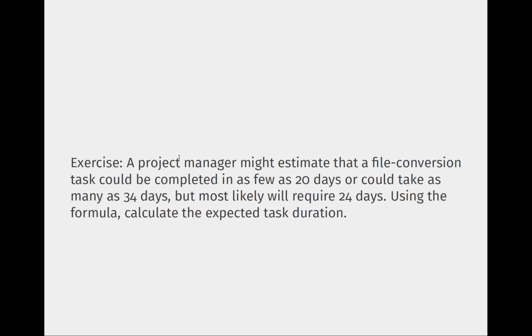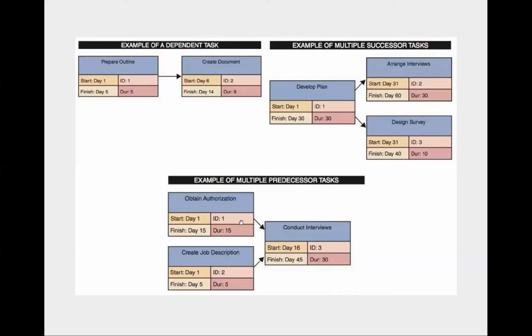Right, okay, let's see. Just let me know if you are finished. Please raise your hands and then I will go back to the previous one. In this particular case, this shows you a dependent task.